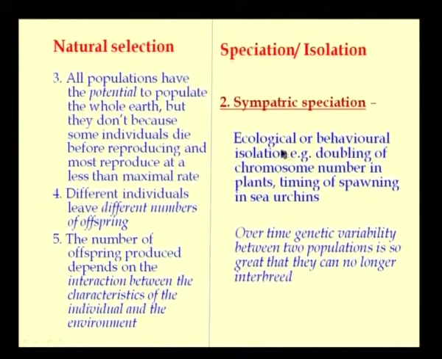So, these are some examples. And sympatric speciation is ecological or behavior isolation, for example doubling of the chromosome number in plants, or it may be timing of the spawning in sea urchins. So, over time genetic variability between two populations is so great that they can no longer interbreed.